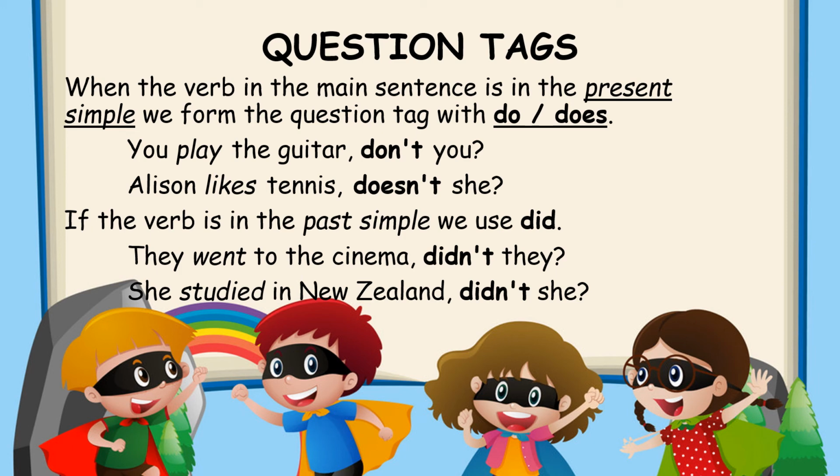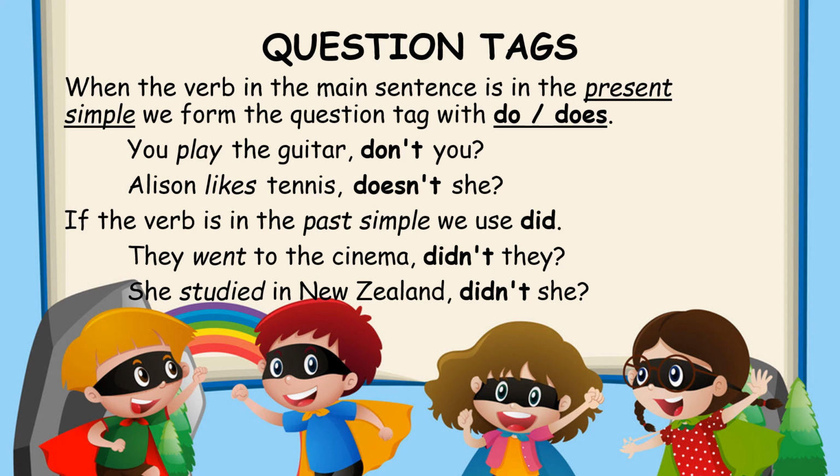You is plural. So then you will use the word do. Now the sentence is positive. So then you will write a negative question tag. Don't you? Allison likes tennis. Likes, present tense. Allison, singular. So with singular you will use does. Now as the sentence is positive, you will use a negative question tag. Doesn't she? Instead of Allison you will write she.